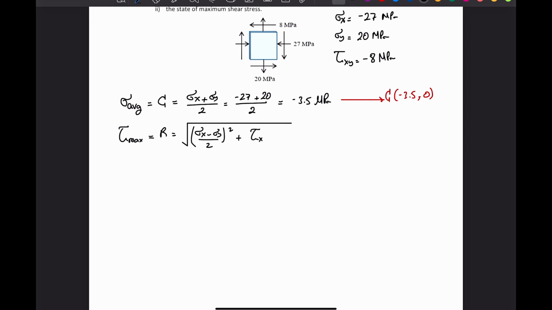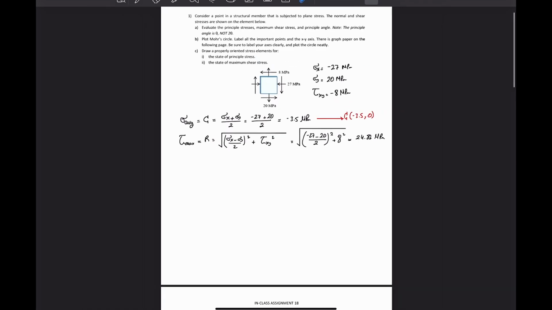So plus tau xy squared, and now I'm gonna say sigma x, which is negative 27, minus sigma y, which is 20, over 2 squared, plus 8 squared. And I'm going to get 24.82 megapascal. So now I found the maximum shear stress, and this is the maximum in-plane shear stress, which was required here.